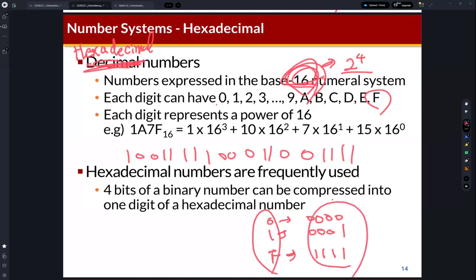Which means that we can reduce the number of digits if we use the hexadecimal number. So that's why in the computer system we frequently use hexadecimal numbers. Okay.